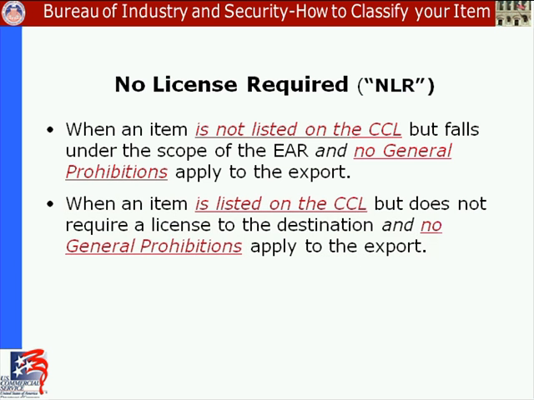Yeah. So if your transaction is not under general prohibitions 1 to 3, which are Commerce Control List related, and your transaction is not under general prohibitions 4 to 10, which are end use and transaction related, so you're out of the 10 general prohibitions, and you're EAR99, then NLR, no license required.